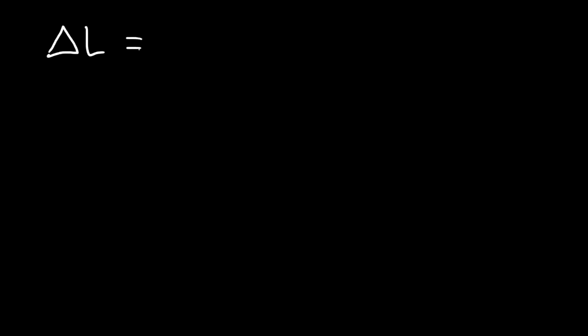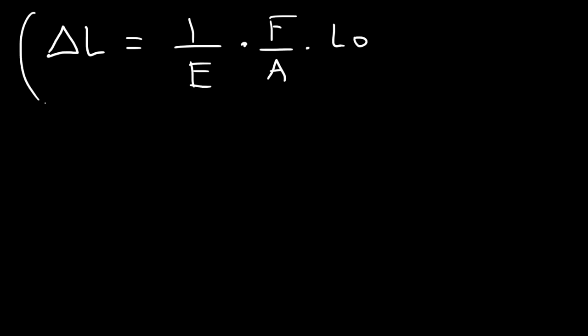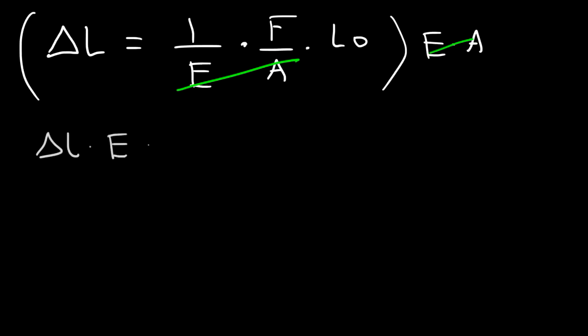Now, starting again with this equation, let's calculate the force. What I'm going to do is multiply both sides by Young's modulus and the area. So on the right side, these will cancel. On the left, I'm going to have delta L times E times A, and that's equal to F times L0.